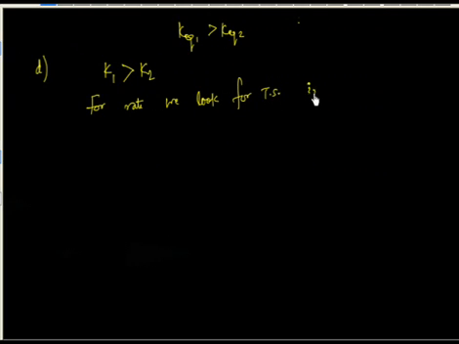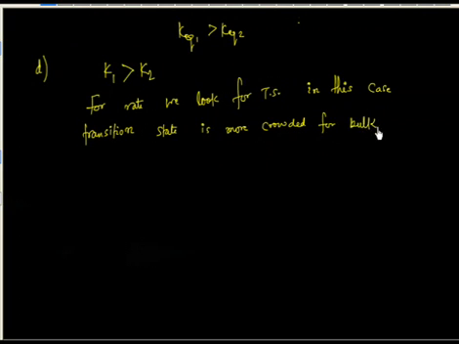In this case, basically the transition state is more crowded for a bulkier group. Are you getting? So you have a bulkier group, so this is more crowded.